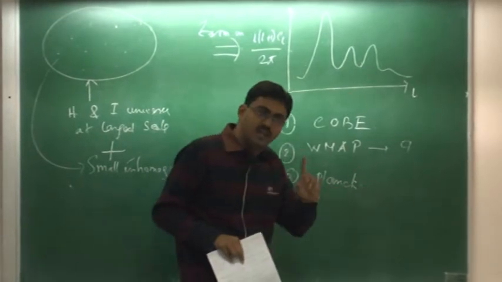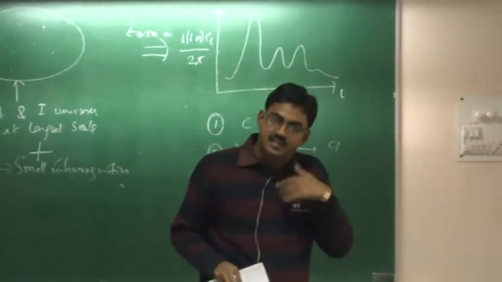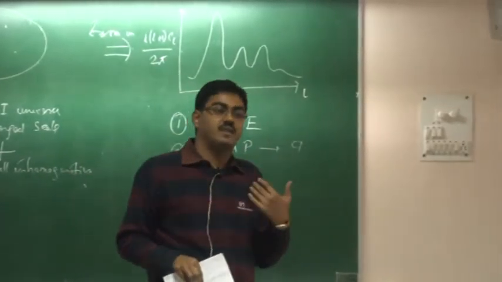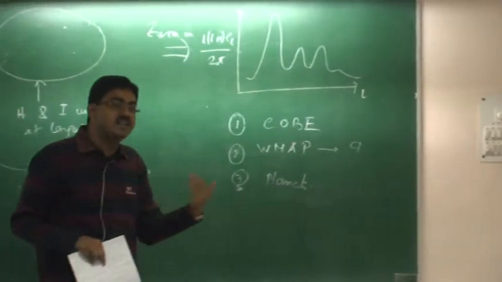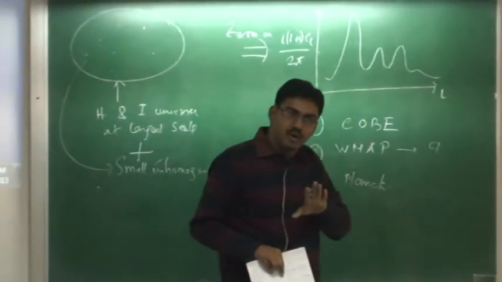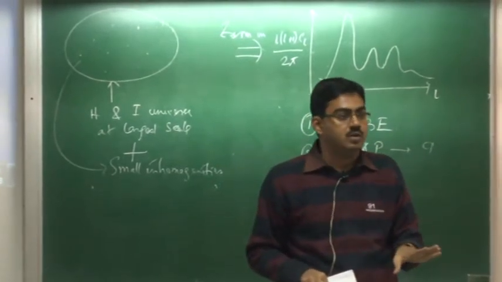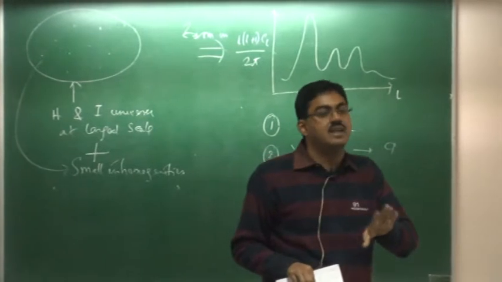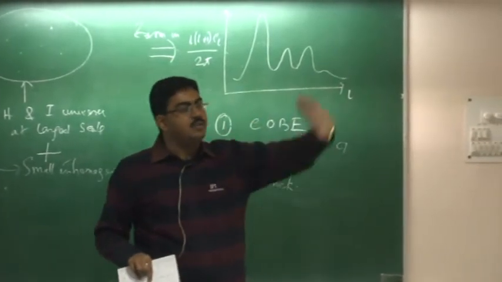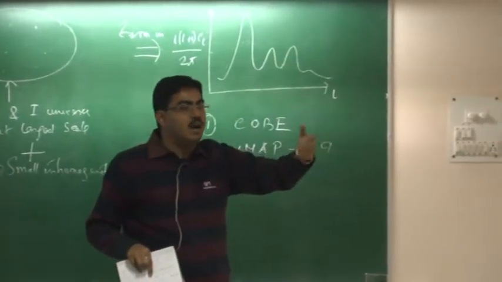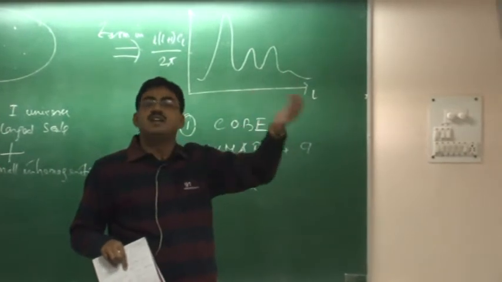There has been only one single year of running, and the result has already come, or part of the result has come. That is the temperature anisotropy data, which they have already published. I will come to that point later on. But they are yet to give you the polarization data and so on. Those results will come later on. They have already run the telescope and closed the running, and now they are analyzing the data, which is yet to come.